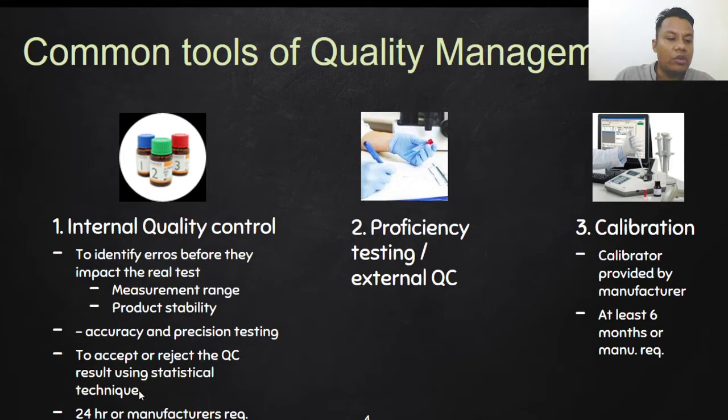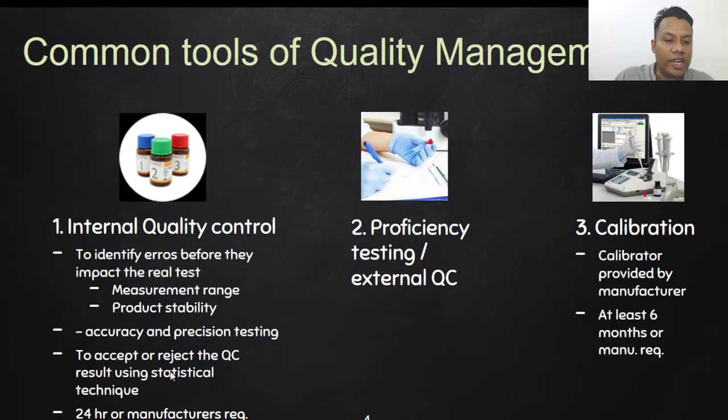Internal quality control looks at the accuracy and precision testing. We will look at this again in the next slide. This is the process where we can accept or reject the QC result using statistical technique. If we accept the result of the QC for that day, we can proceed with the patient samples.